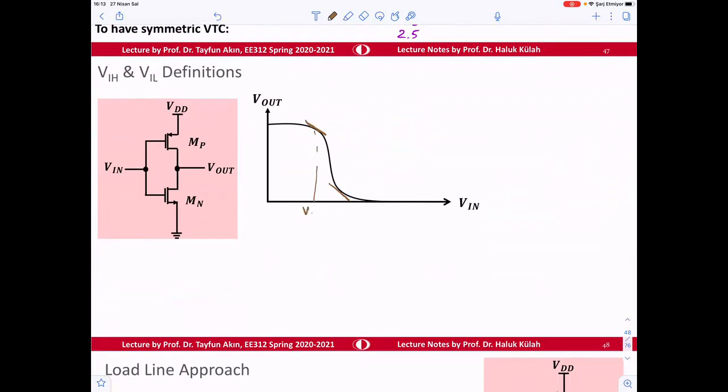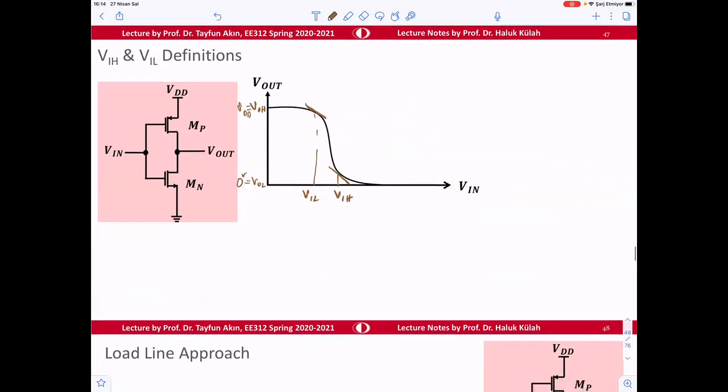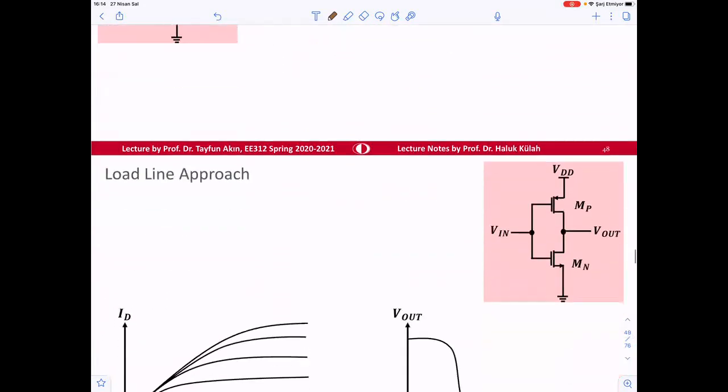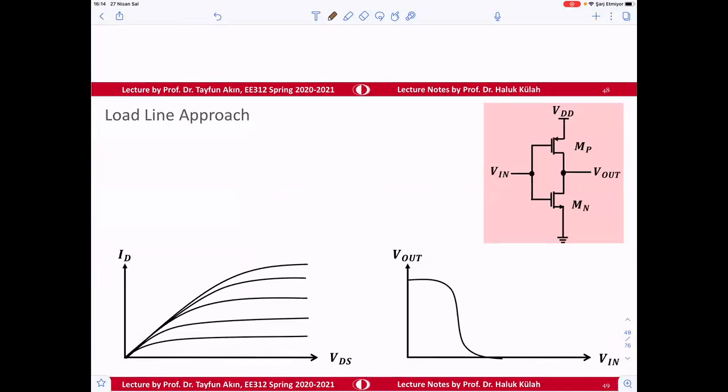This is going to be V input low, V input high. If it is symmetric, then it's very easy to calculate. V output high, VDD. And let me just fill this quickly. V output low, 0 volt. And those are the definitions.